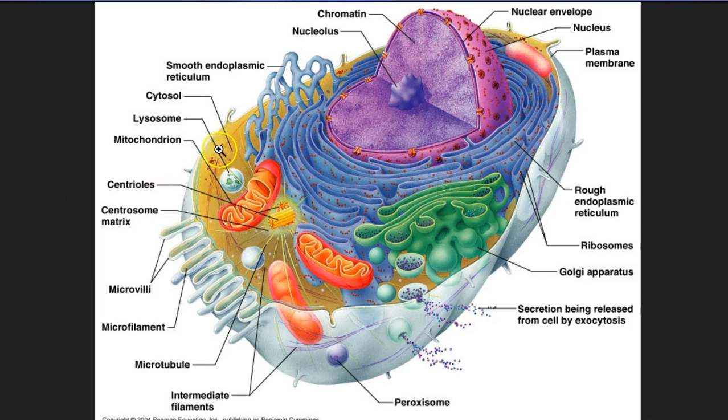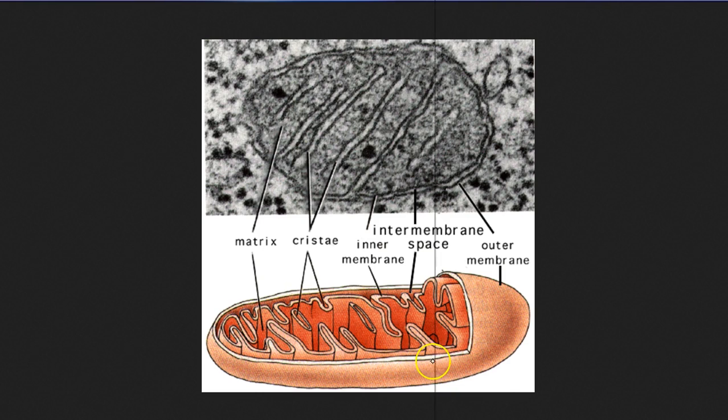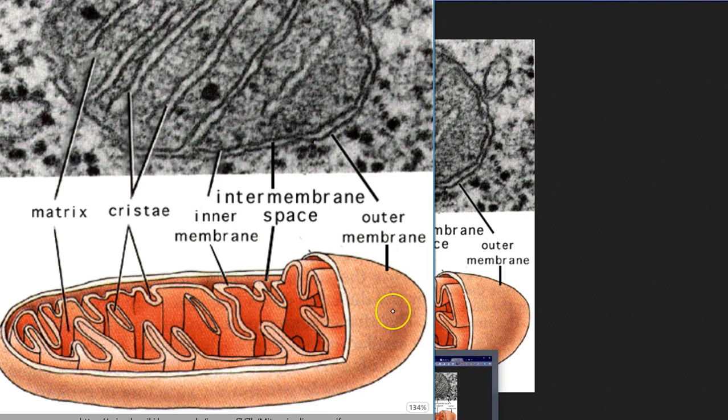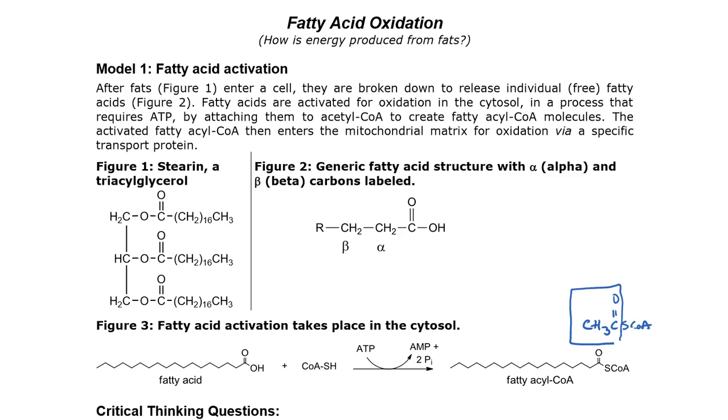Once it's in the cell and the cytosol, it gets broken down to make the fatty acids, which get activated and get transported into the mitochondrial matrix. And the mitochondrial matrix is the space inside the inner membrane, right? That's the matrix.